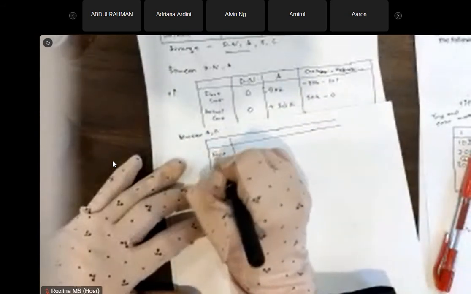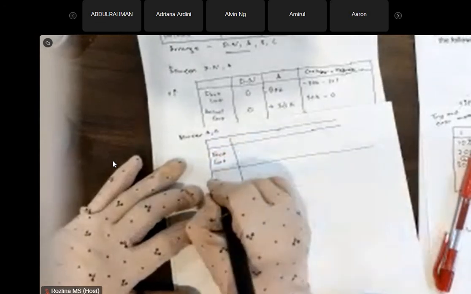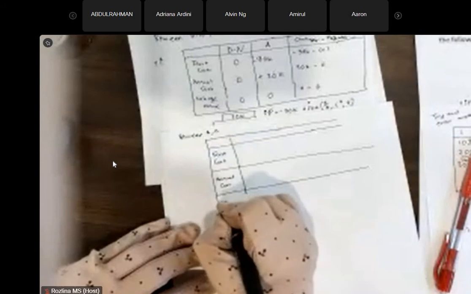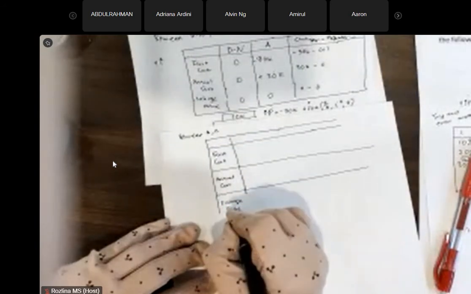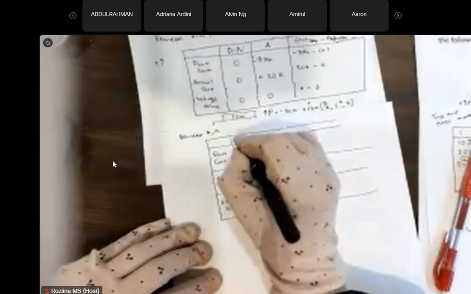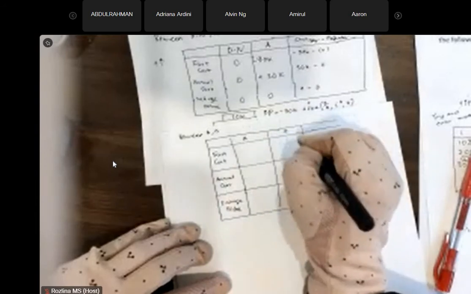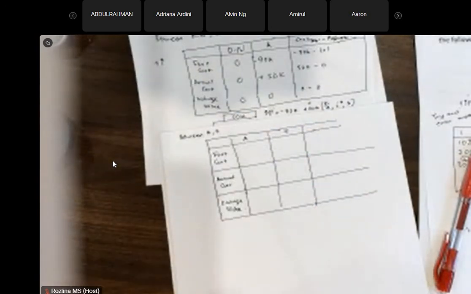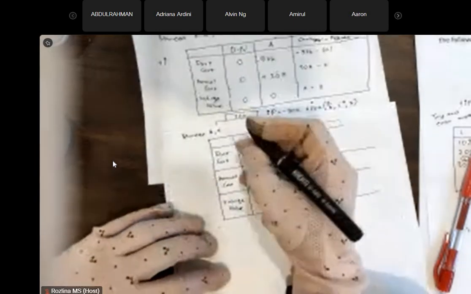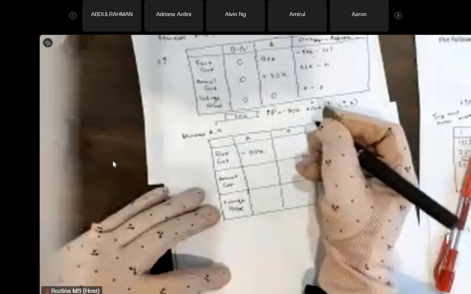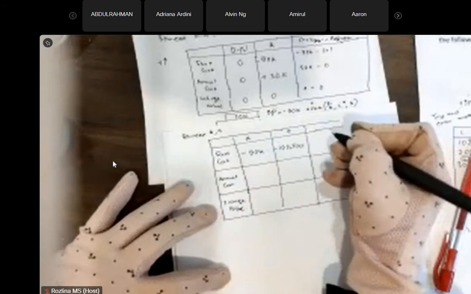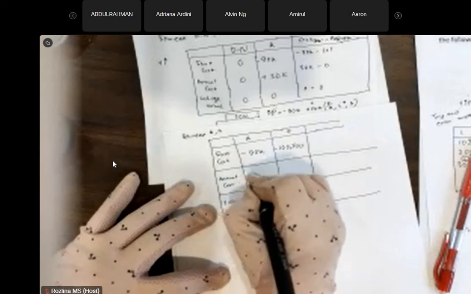Okay, first cost, annual cost. Now it looks simple, but later there is another one that is a bit difficult. Salvage value. Who wins between A and B? For A the first cost is negative 90k and annual cost is positive 30k.